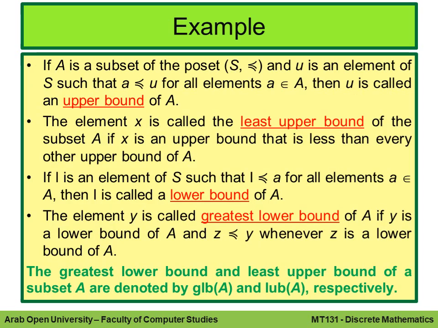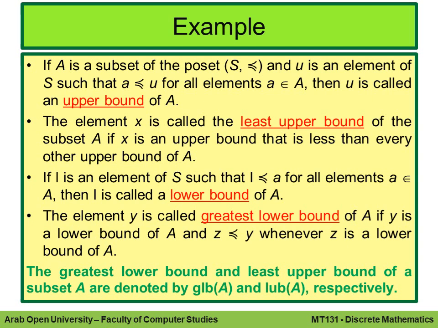More definitions, and all of this is related to order. If you have a subset A of a poset, and U is an element of S such that A is less than or equal to U for all elements A in the set, then U is called an upper bound.